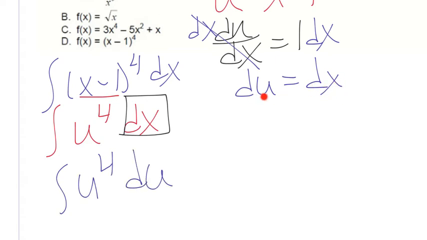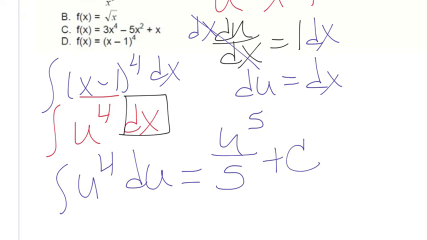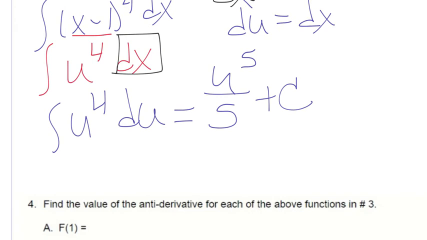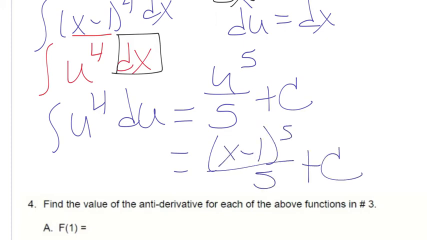Because dx here equals du, I can take this dx and replace it with du. Now that I'm in a spot where everything's the same variable, it's a very basic equation, u to the fourth, I can do the power rule, u to the fifth over 5 plus c. But I'm not quite done. The last thing I have to do is replace my u back in. And I'm done.